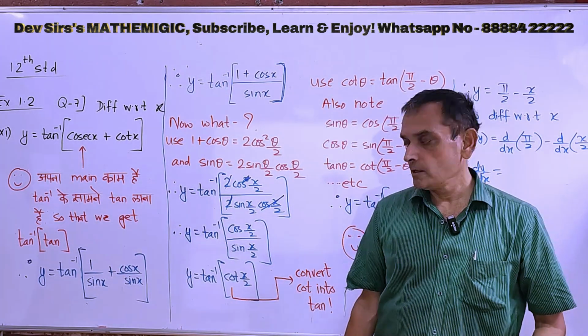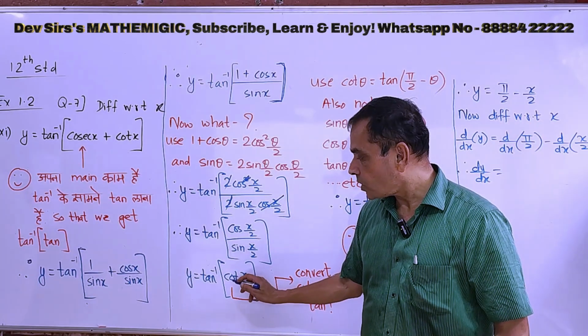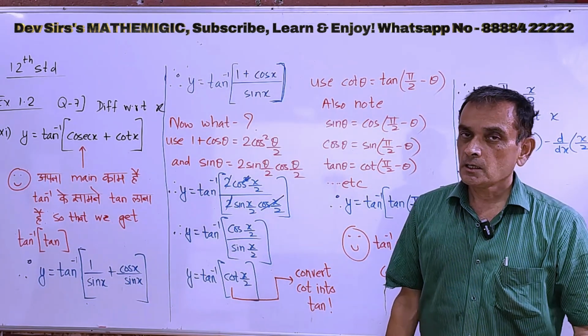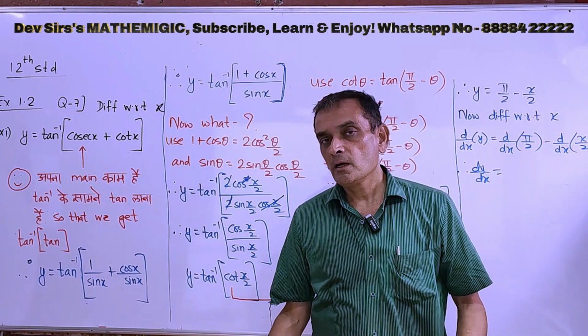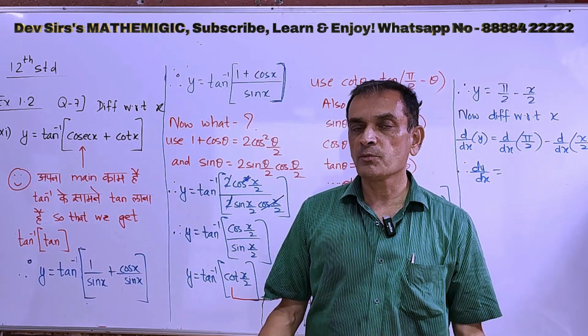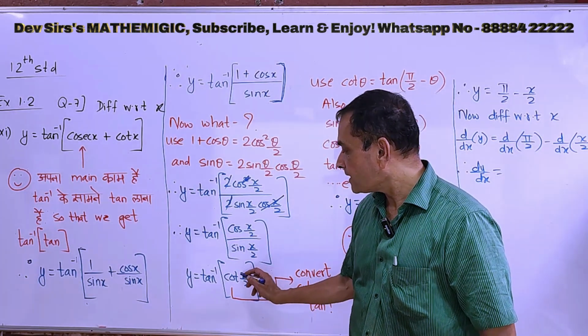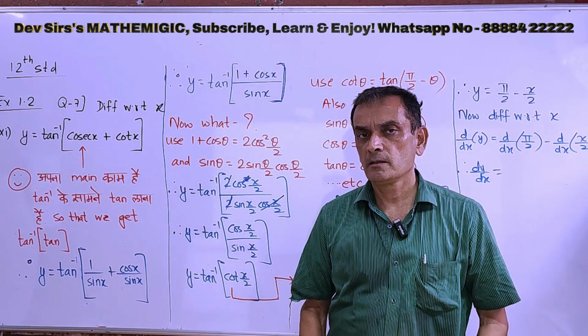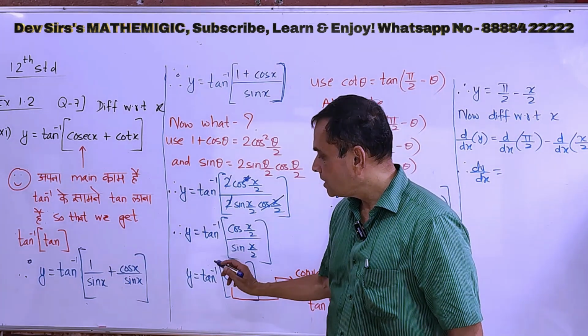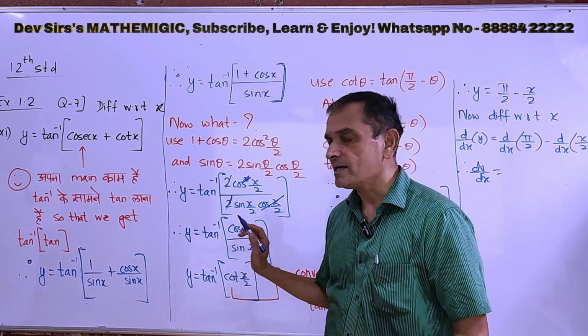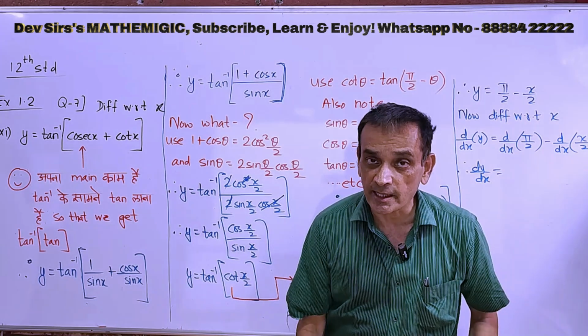Inverse is already there. Just convert cot into tan. Now you might be thinking it is simple, cot is 1 upon tan, the reciprocal, but 1 upon tan is not going to be used here, because we only want tan inverse tan. We don't want tan inverse 1 upon tan.